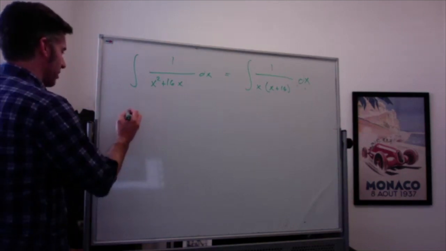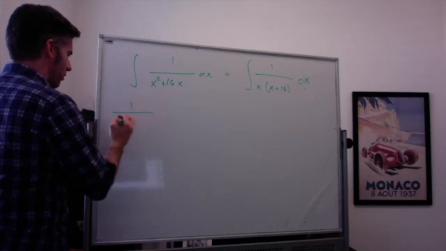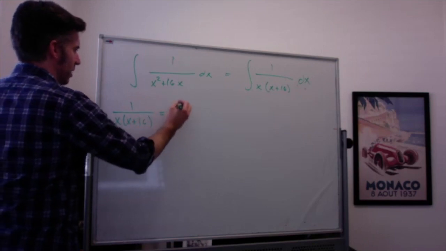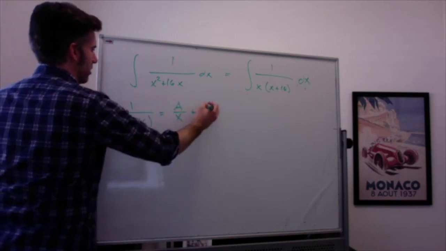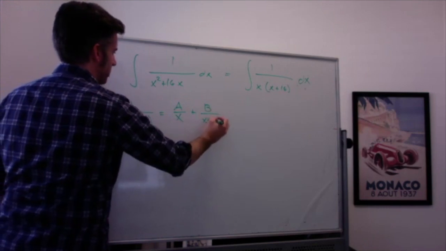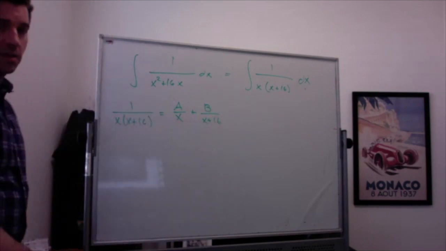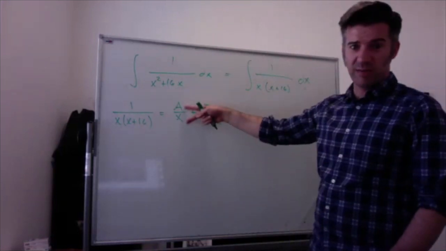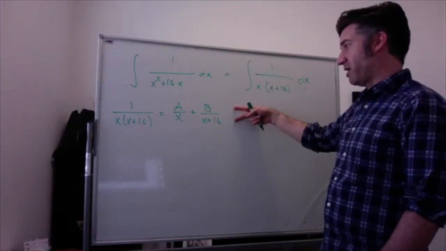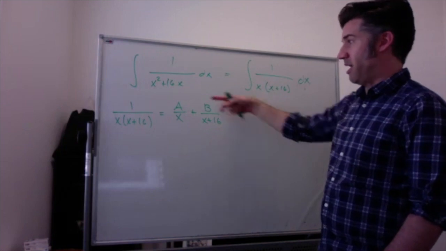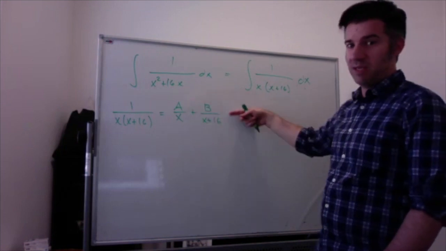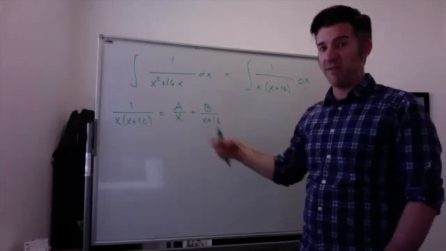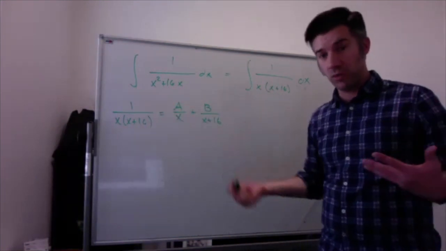And the algebra is going to be that 1 over x times x plus 16 is equal to a over x plus b over x plus 16. Because if I get a common denominator over here, right, if I multiply this by x plus 16 over x plus 16, and this by x over x, I'll get a times x plus 16 plus b times x over x times x plus 16, and that'll equal 1. And then I can just figure out what a and b have to be to make that true.